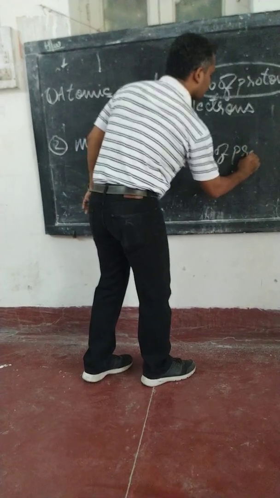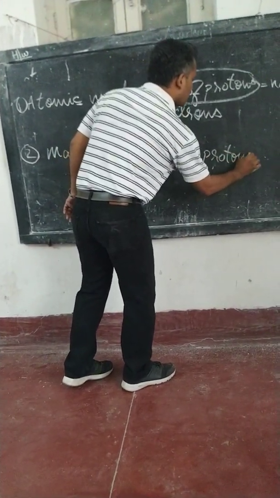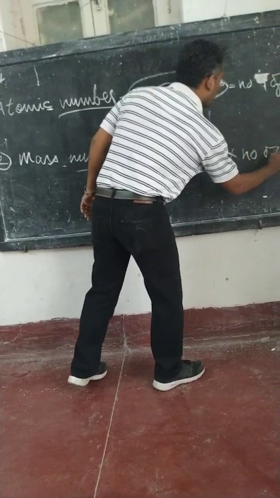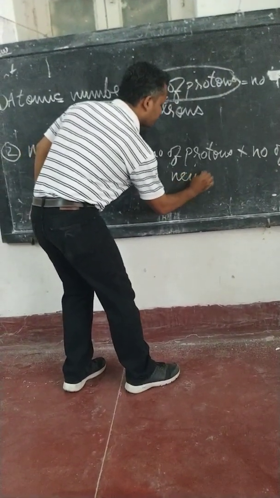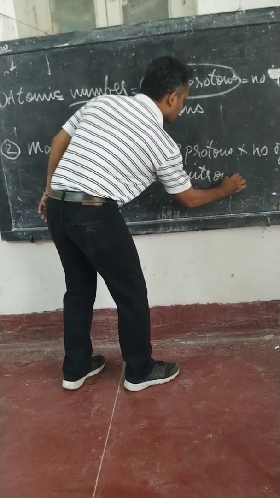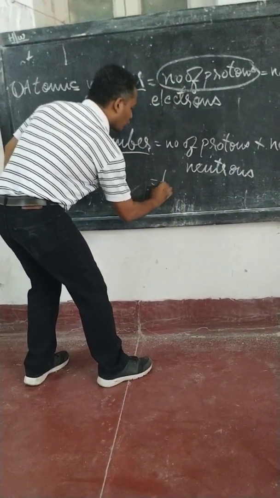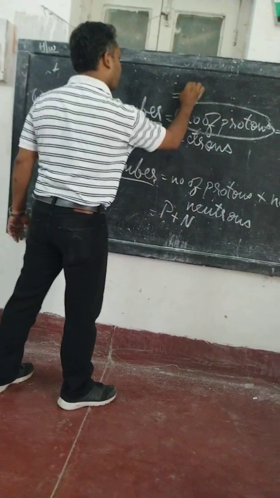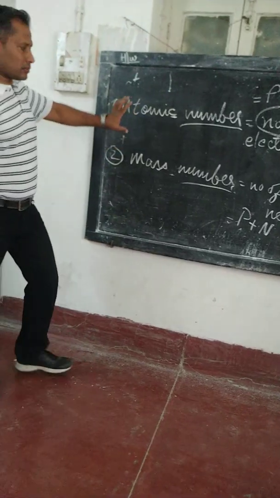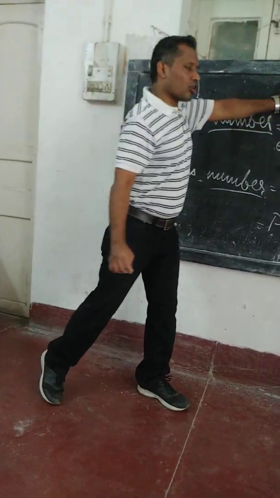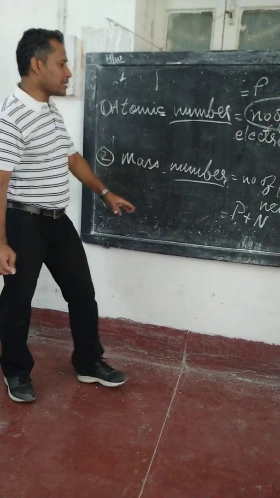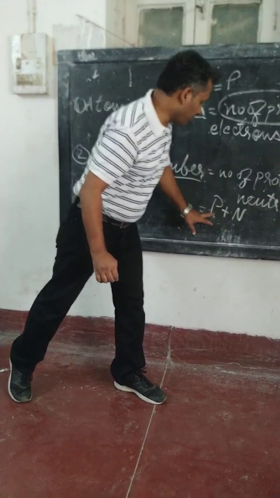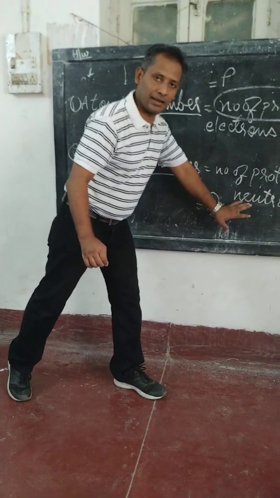Mass number is the number of protons plus the number of neutrons present in an atom, P plus N.